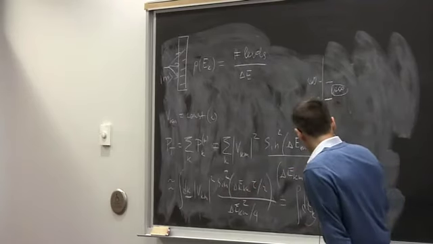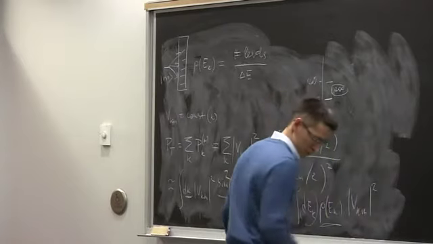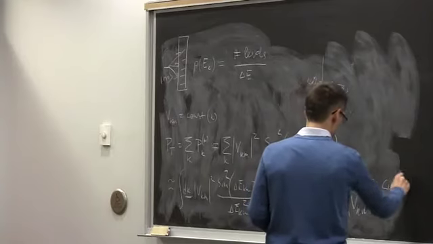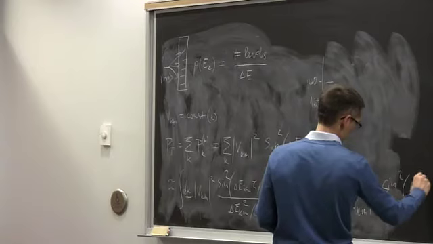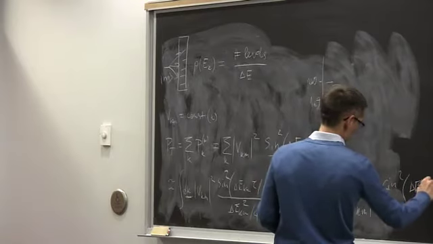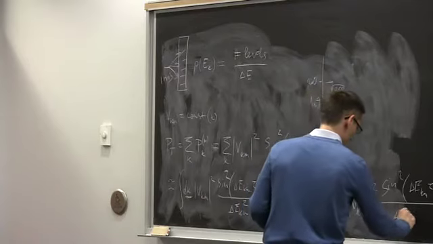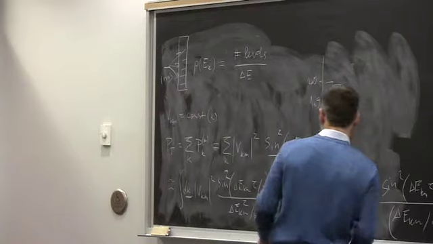And then there will be V_KM squared, keep carrying this constant, and then there's sine squared of delta E_Km tau.